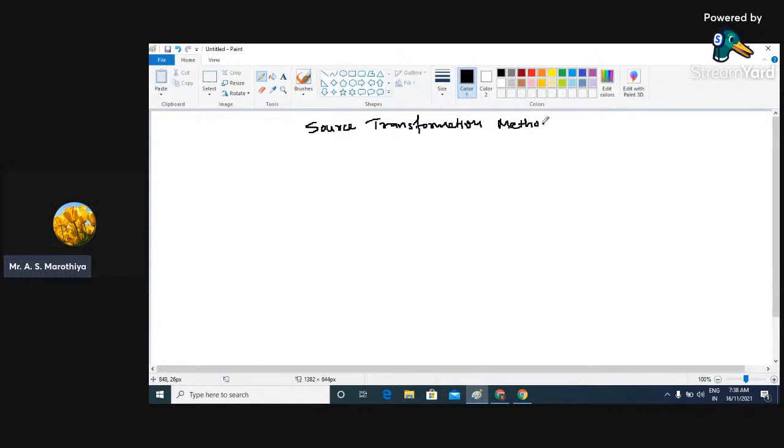Now from the name itself, it is very clear that in this particular technique, we are going to transform a source from one nature to another nature without disturbing its equivalency. Now what is the meaning of this?